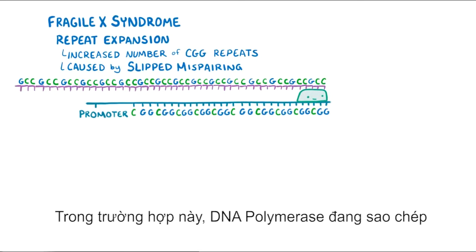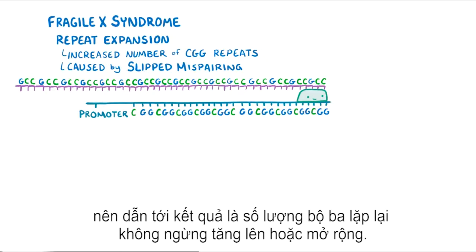This is like getting lost in a video and watching the same part over and over. But since DNA polymerase is making copies, the effect is an increase or expansion of the number of repeats.